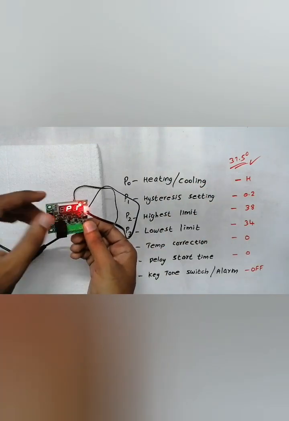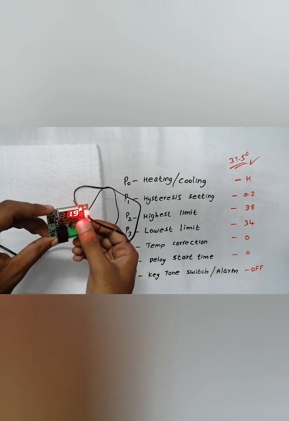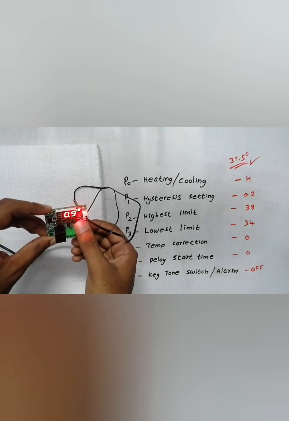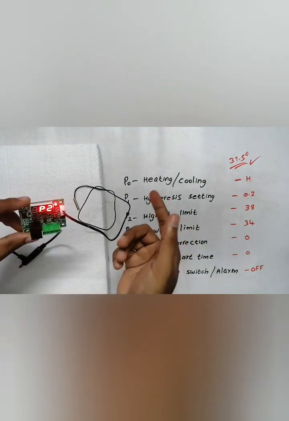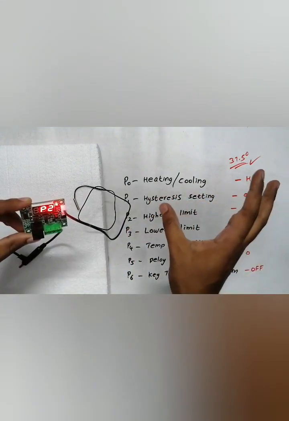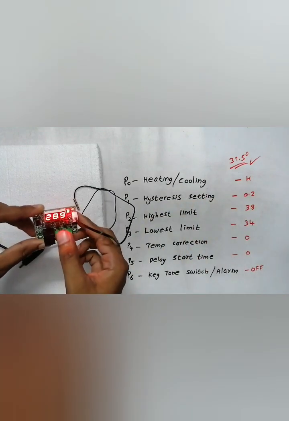I am going to set P1 as 0.2 and long press the set button. So we can set P1 as 0.2. Then set P2 as 38 and long press the set button. So we set P2 as 38.